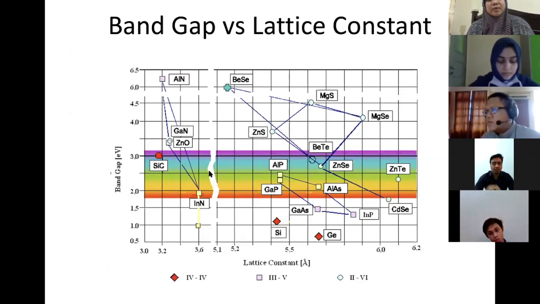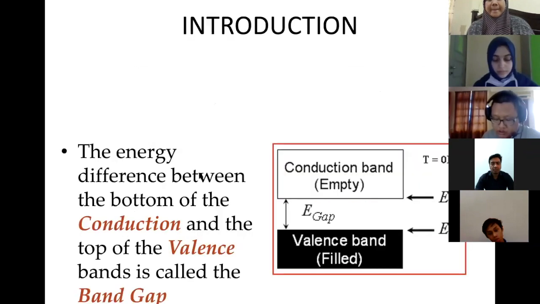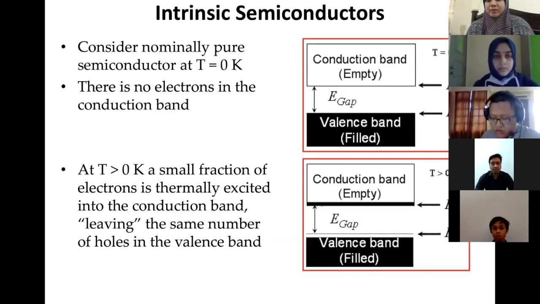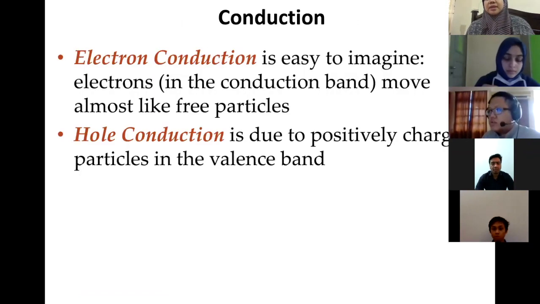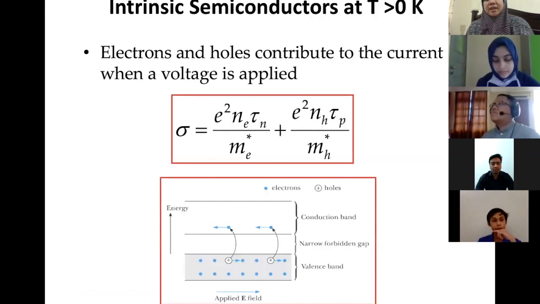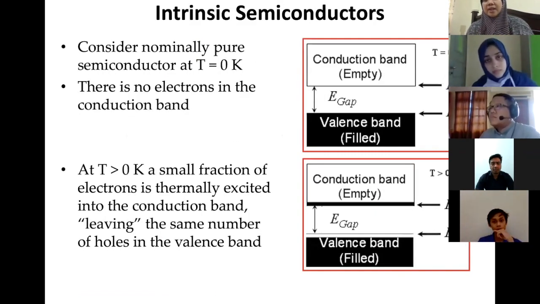And you know the color here, it means that if it's a direct band gap material, it will give out this color. Okay. And then what is this? Conduction band. Also, we went through very basic on what is conduction, what is intrinsic semiconductor, and how do you get carriers inside intrinsic semiconductor? You should remember, right?